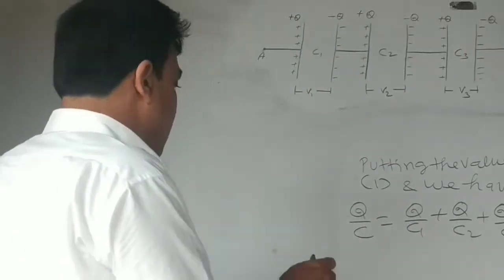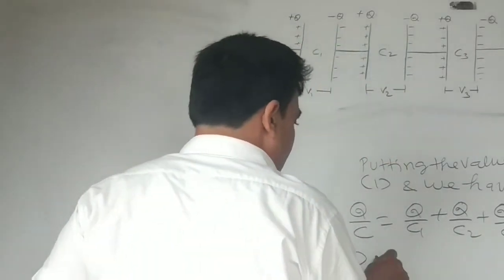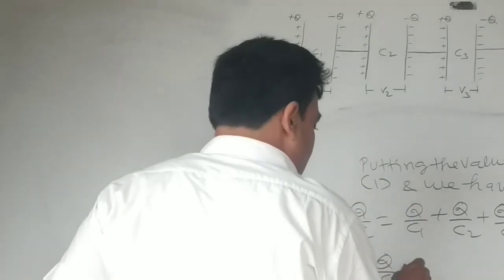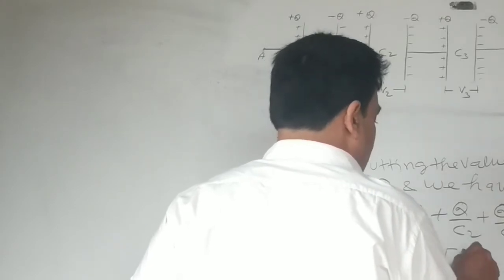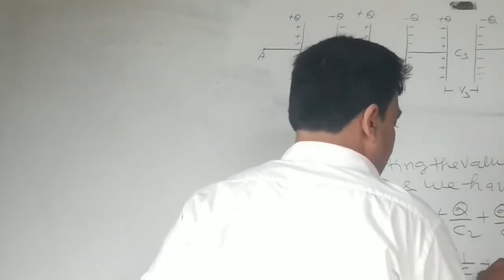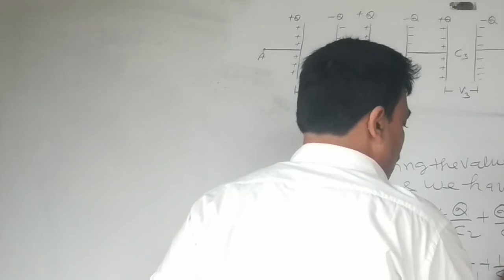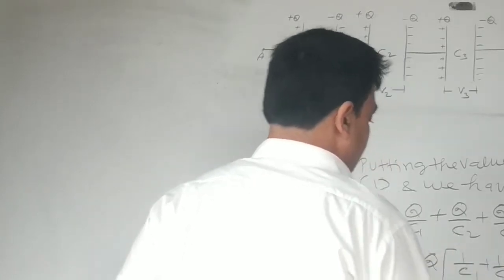That implies Q by C is equal to Q, here Q is common, times 1 by C1 plus 1 by C2 plus 1 by C3.